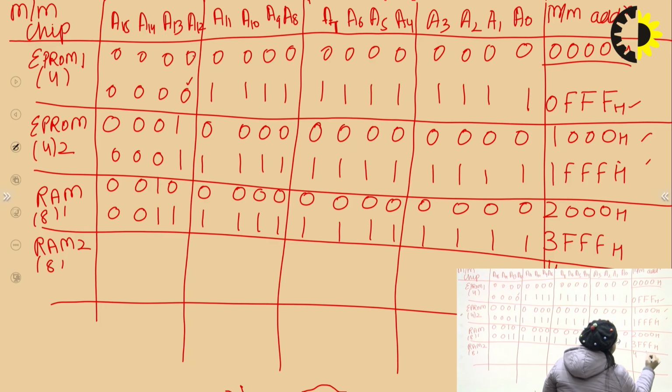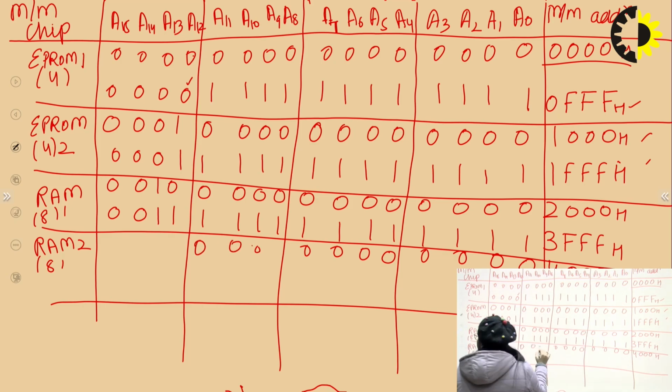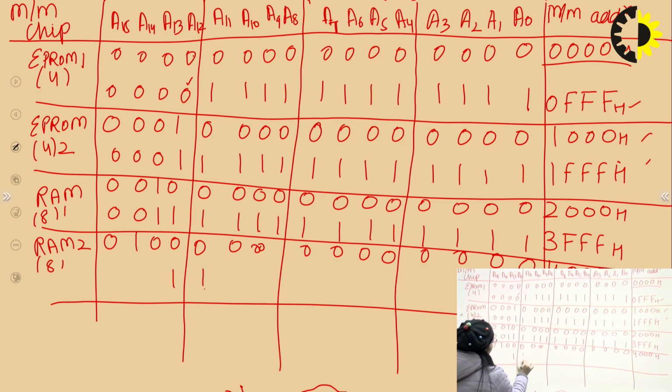If I add +1 to it, then 4000 comes. 0 0 0 0 0 0 0. Now next is 4, which is 0 1 0 0. 13 address lines from A0 to A12. So till A12 we will make the numbers 1.